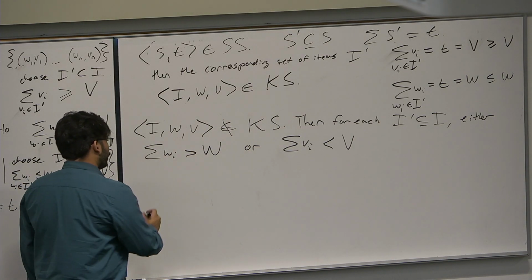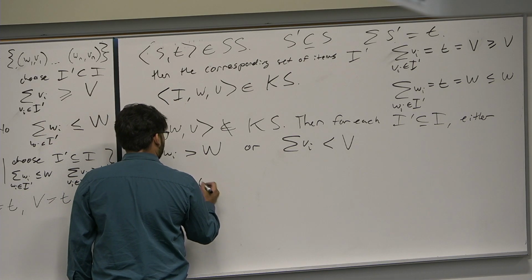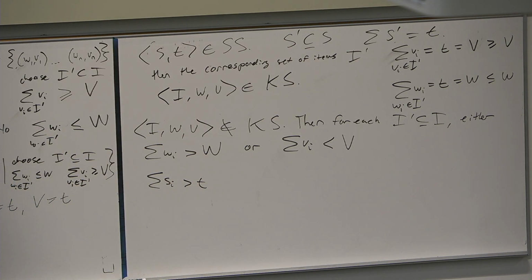So if this is true, then the corresponding sum of items exceeds t. If the weight threshold is not satisfied, if you're overweight, then that specific subset sums to some number which exceeds the target.